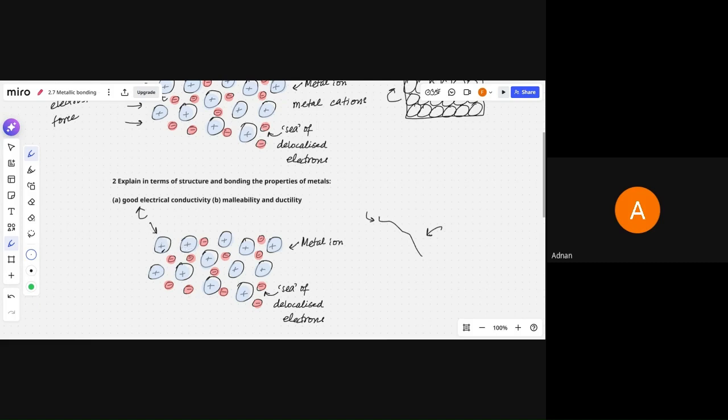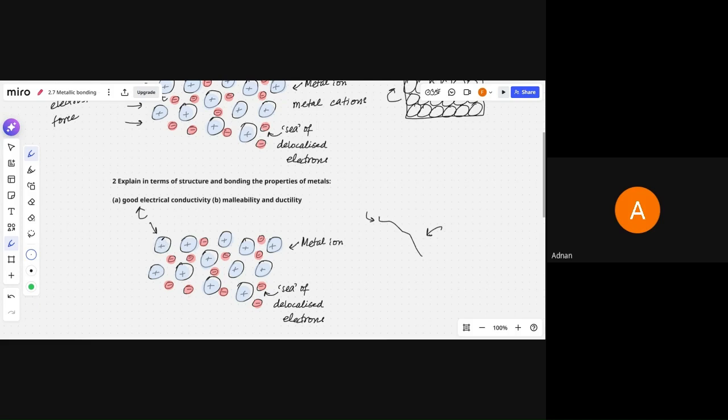So even if a force is applied, they don't shatter. They hold on to each other, and they don't let atoms break off. They keep holding together, and they change their shape.